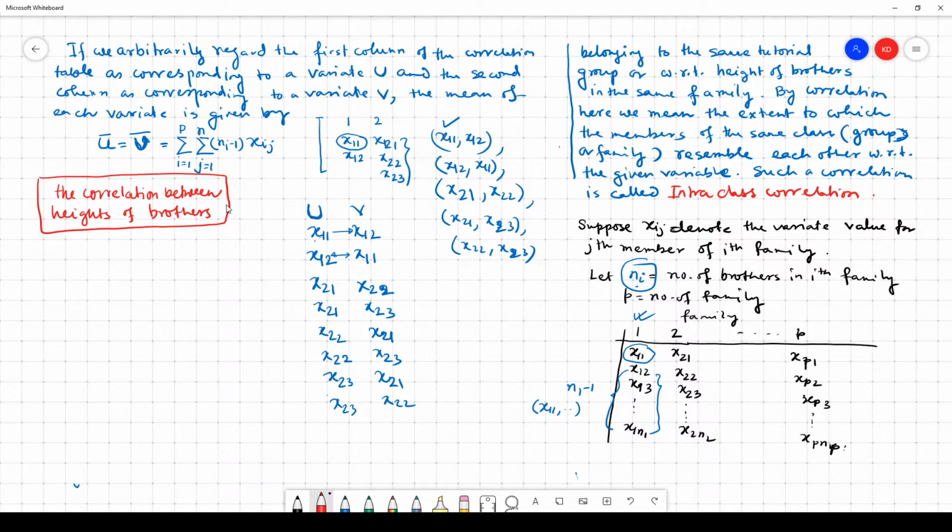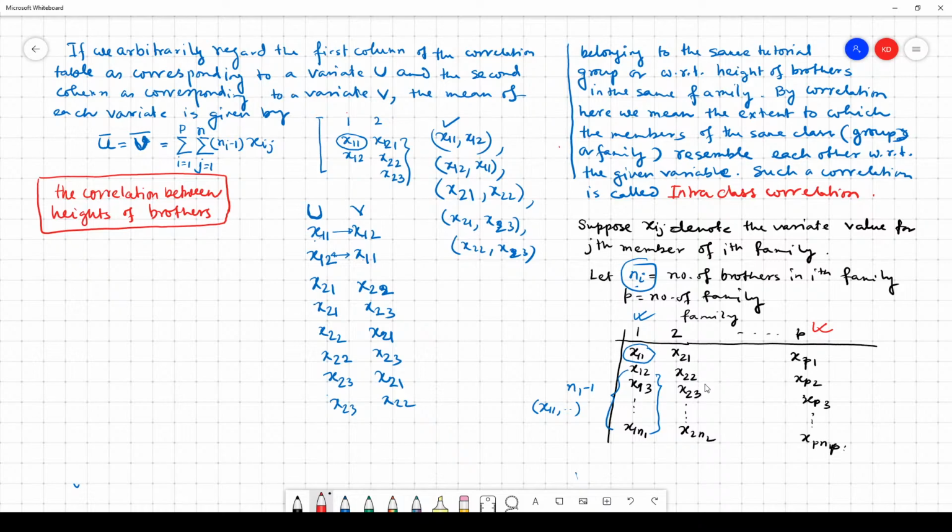So the heights of brothers, for this example, this is the general arrangement. Suppose there are p families; the heights of brothers of each family we can arrange in that way. Are you agreed? For example, x11 is the height of brother 1 of family 1, x12 is the height of brother 2 of family 1, x13 is the height of brother 3 of family 1, and so on. x21 is the height of brother 1 in family 2, x22 is the height of brother 2 of family 2, and so on.